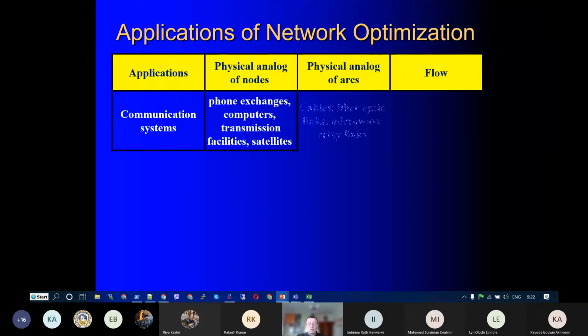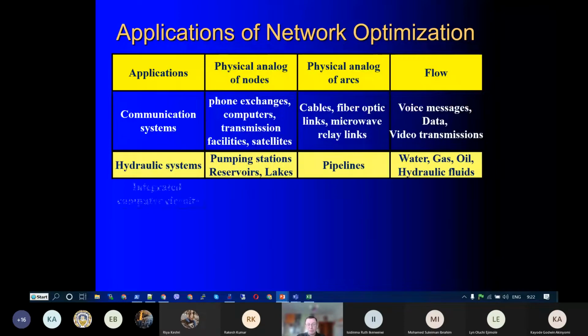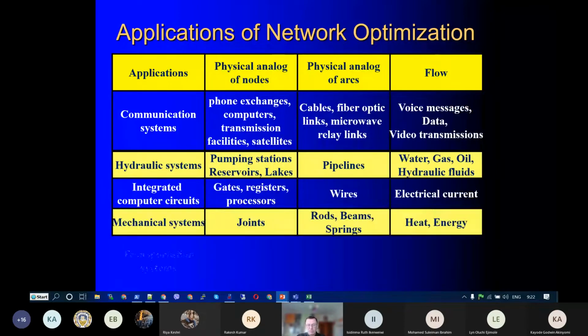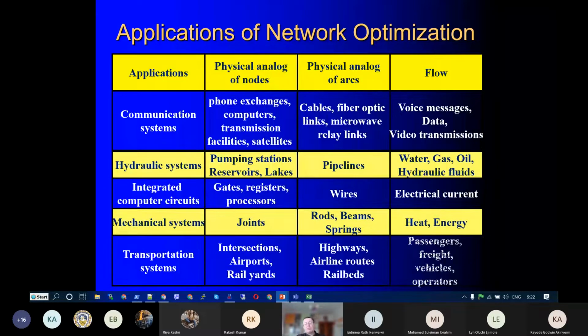As for possible applications, plenty of solutions are available. What is interesting for us is that they appear in various communication systems, transportation systems, data analysis solutions, and so on.